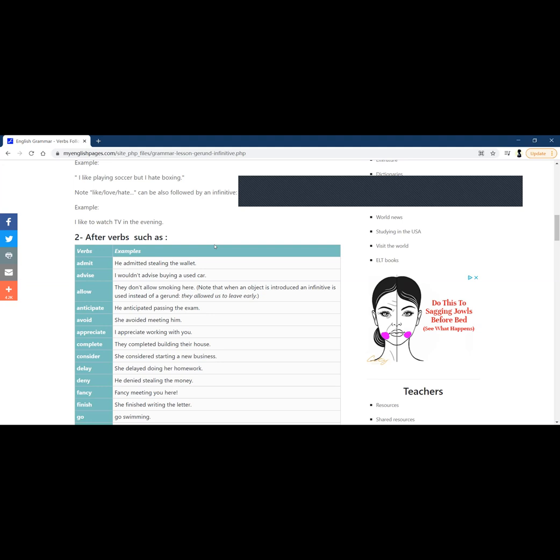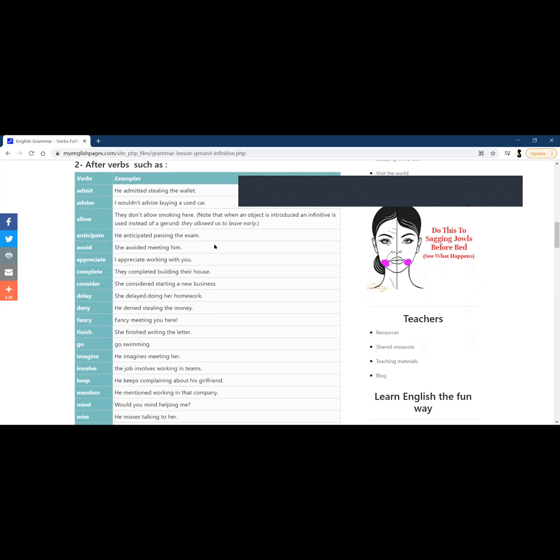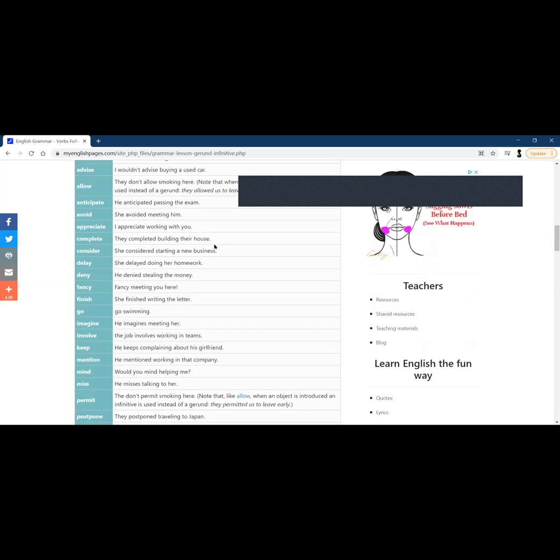Then avoid: she avoided meeting him. For avoid, I don't think this word can be followed by the infinitive form. Then appreciate: I appreciate working with you. Complete: they complete building their house. Consider: she considered starting a business.